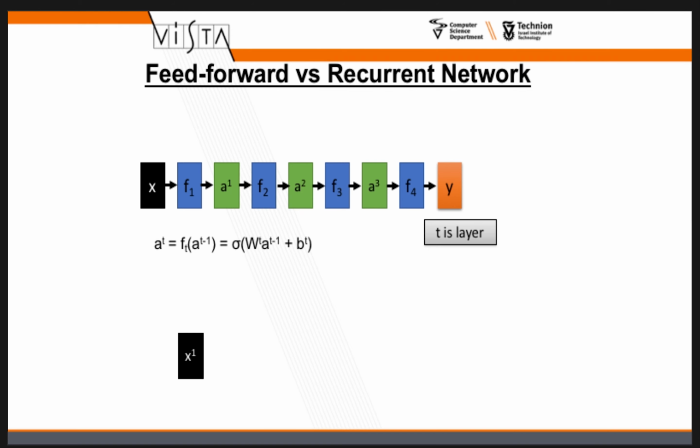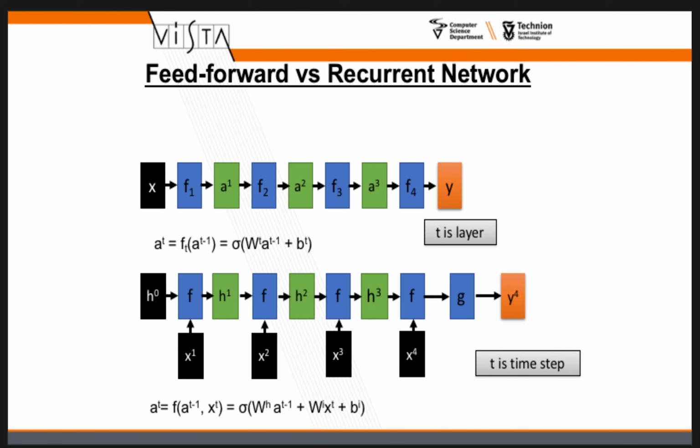Okay, and on this, it's our recurrent neural network. So T here is the time step. Our F here is fixed, like we talked before. And actually, the difference is our X and our H, okay?